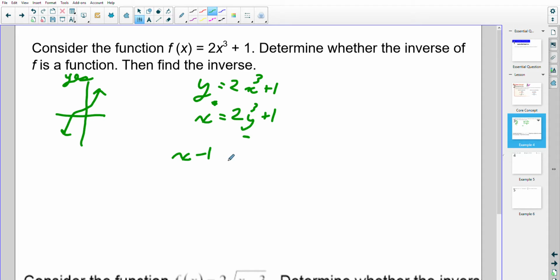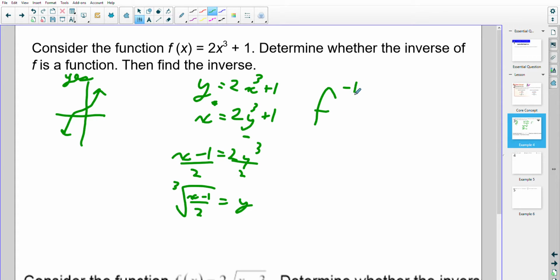So it's x minus 1 equals 2y cubed divided by 2, and taking the cube root of both sides. Now, I know that this is going to be the inverse, so I can write it in inverse notation. That's what this is. This is saying it's not to the exponent of -1, it's saying this is an inverse function. And it looks like this.